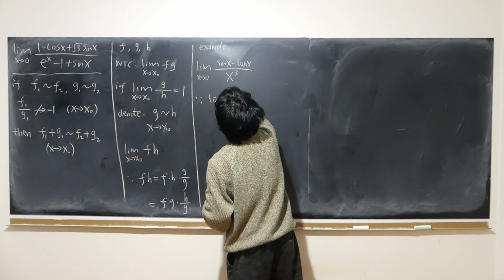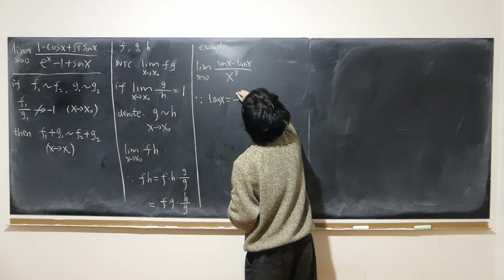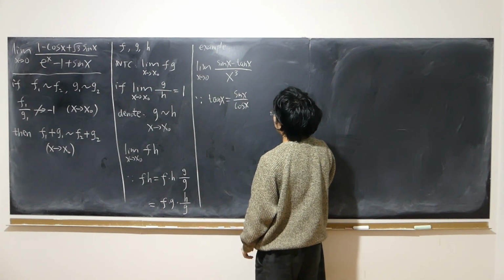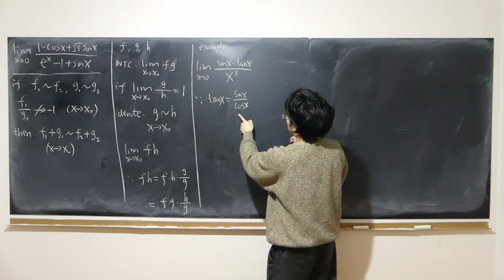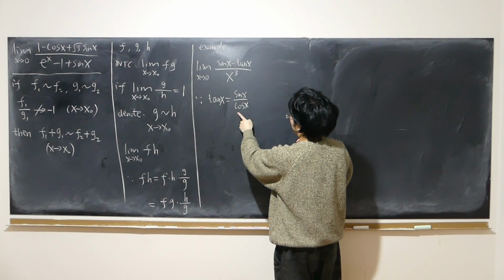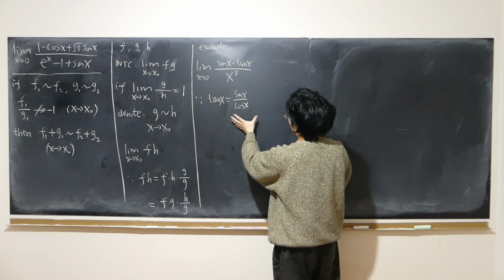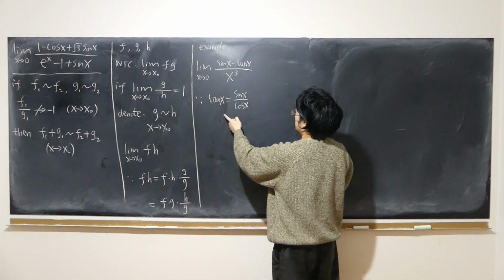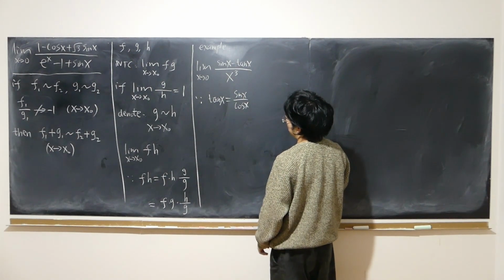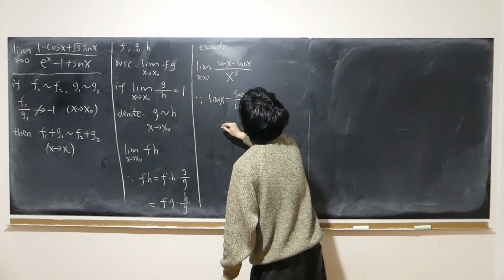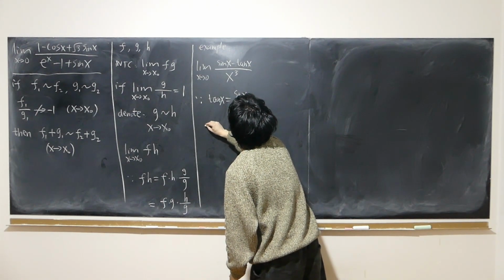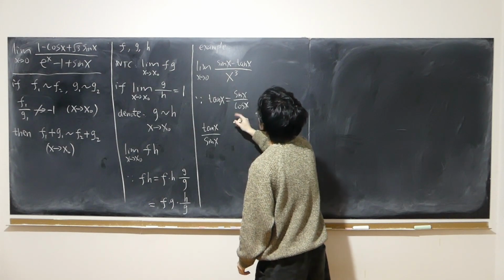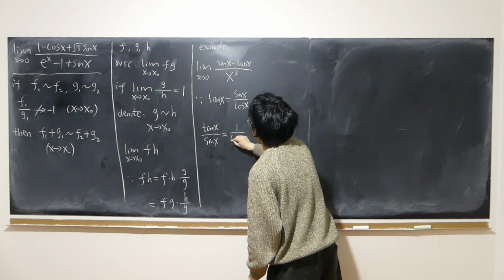Tangent x is simply sine x over cosine x. Since when x approaches 0, cosine x approaches 1 and sine x approaches 0, I say tangent x approaches 0 at the exact same speed as sine x. Simply because tangent x over sine x can be written as 1 over cosine x.